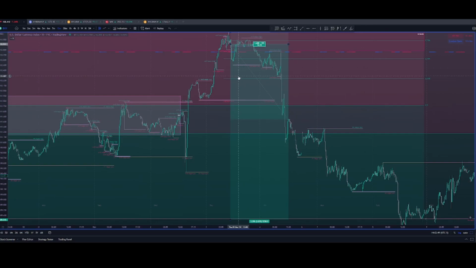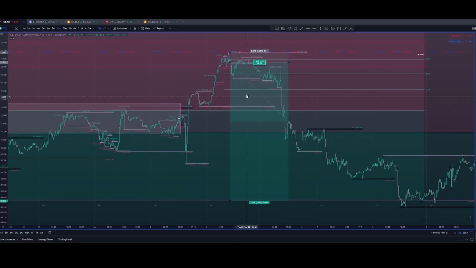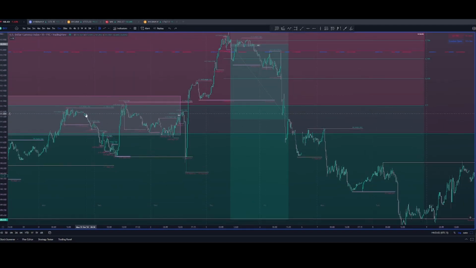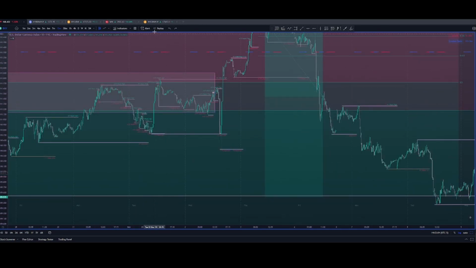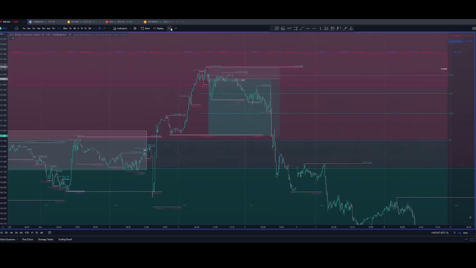In my view, it's always best to take the range liquidity, the external liquidity on the time frame that you're getting in on. So this is a 15 minute entry, so you want to take the liquidity at that 15 minute range.